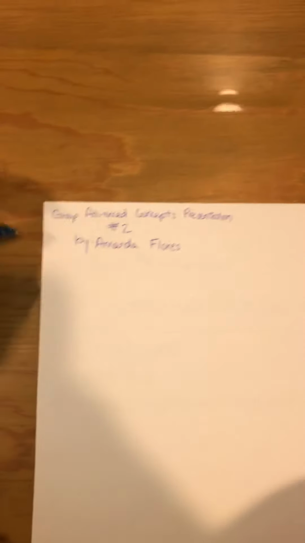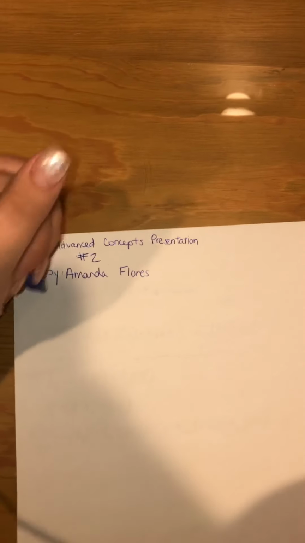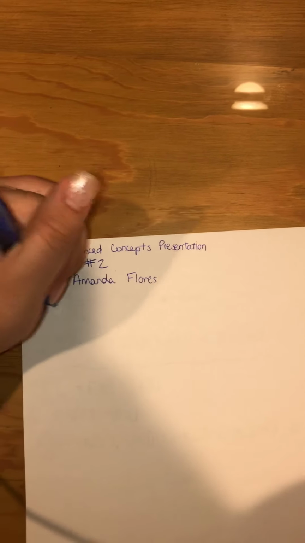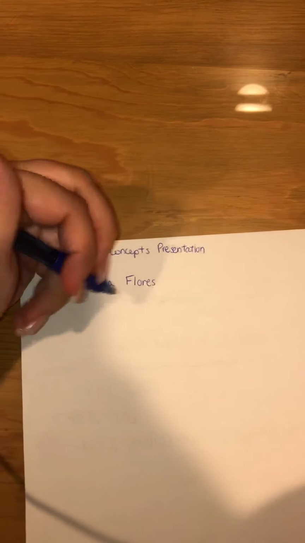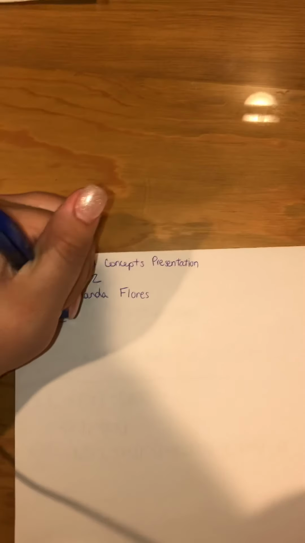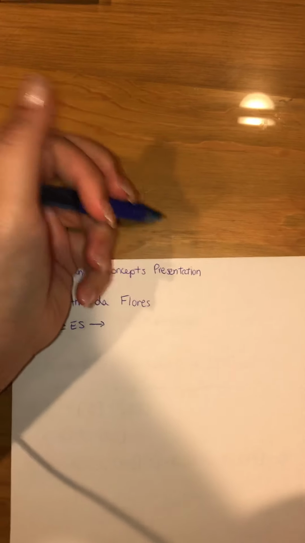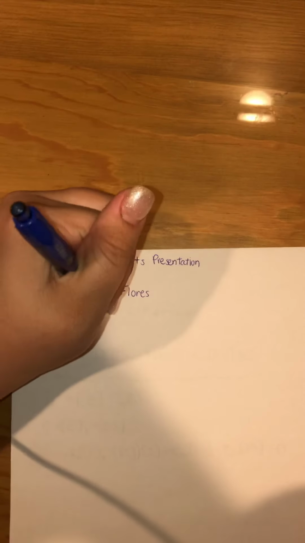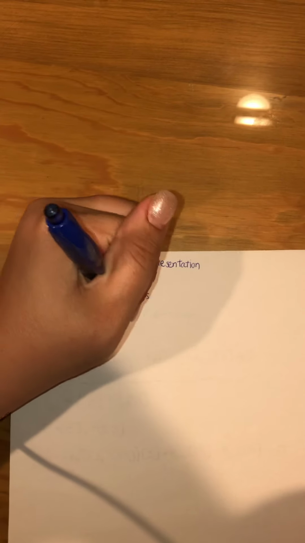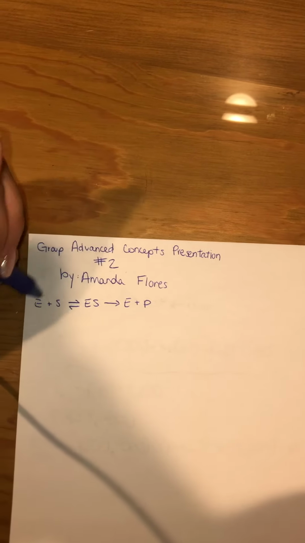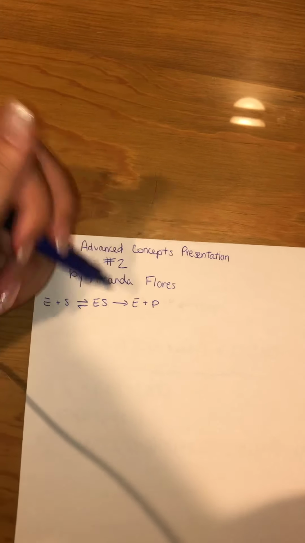So we were given the equation below: E plus S, forward and backward reactions, to ES, forward reaction, to E plus P. So normally this would be the first equation and this would be the second.